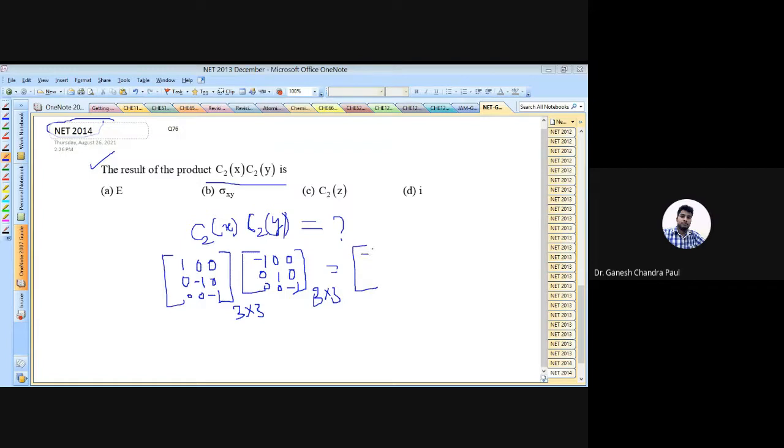You will find that it is minus 1 0 0, then 0 minus 1 0, and 0 0 1, which suggests that it is nothing but the C2z axis. So option C is the correct answer.